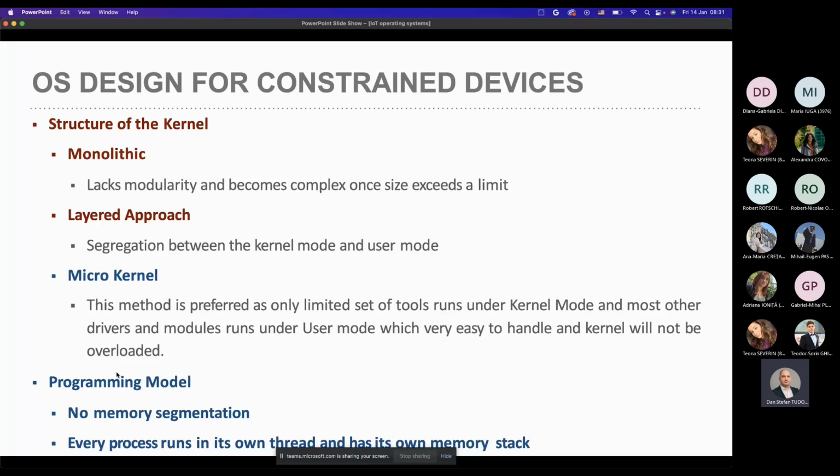Now, on the programming side of things, the model that is adopted by most operating systems here is that you're not going to have any memory segmentation, any memory protection at all. So you're going to be able to access the entire memory of the system, which of course comes with its own caveats. But most of the time we're talking about very limited processing power, very limited processors.